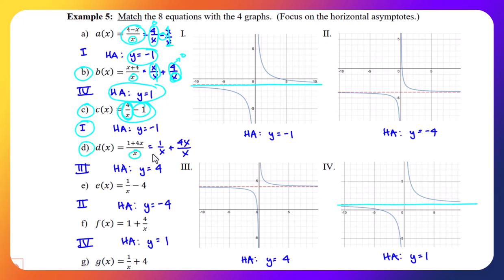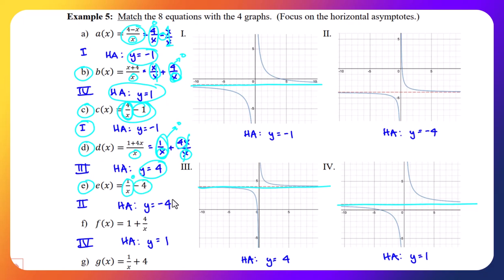We again in D have to write this with a common denominator. As x gets bigger and bigger and bigger, that becomes 0, and this becomes 4. Our horizontal asymptote is 4, and that's choice 3. In E, it's already broken up for us. As x gets bigger and bigger and bigger, this becomes closer and closer to 0.